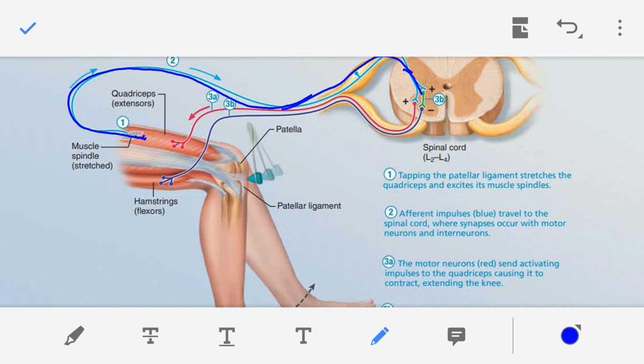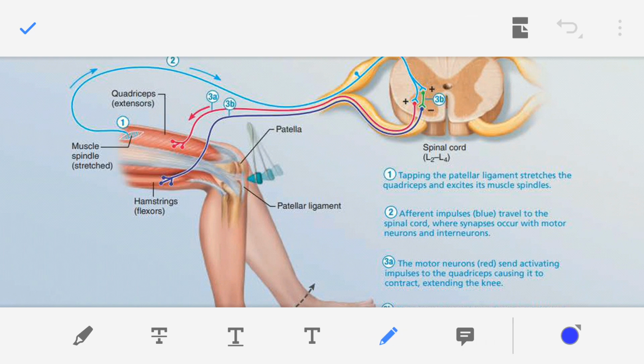After reaching the spinal cord, this sensory neuron makes synapse with two kinds of cells. One kind, shown in red color, is the motor neuron, and the second type of cell is the interneuron, shown in green color.